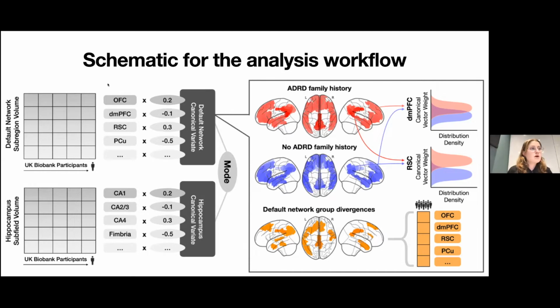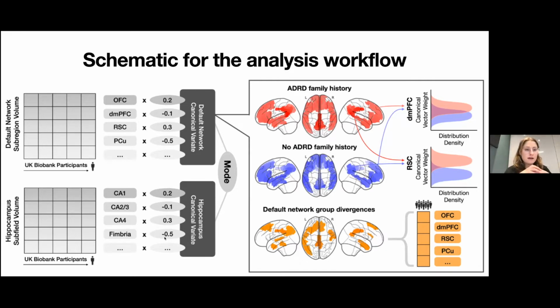So what the canonical correlation analysis does is find the linear combination of default network subregion volumes that makes them maximally correlated with a linear combination of hippocampus subregion volumes. So we're really looking to maximize the correlation between the two sets.